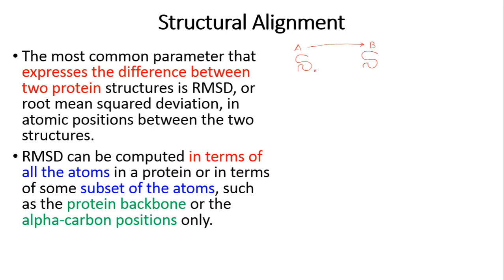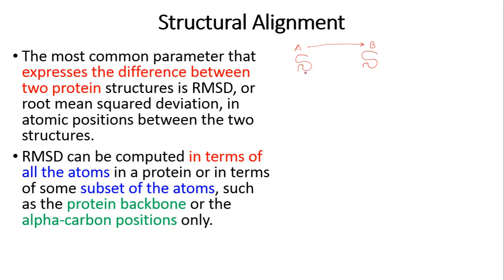That is the question to be answered, and how we do that would be the major focus of today's and the next lecture as well. We are going to infer the structural similarity between two proteins at the structural level.